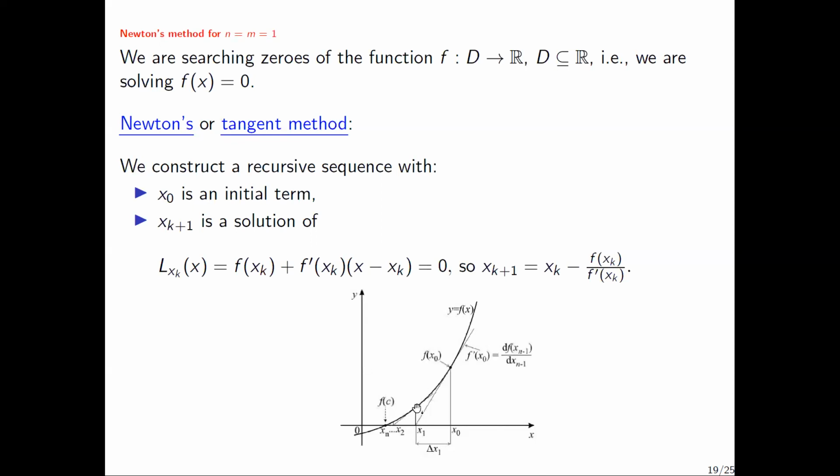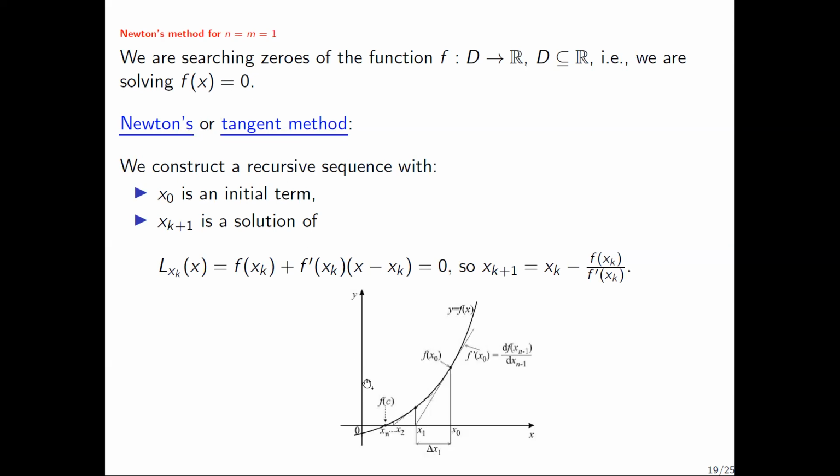We go up to the graph, calculate a new tangent, calculate the intersection with the x-axis, and proceed in this way. And if we choose x0 good enough, then this will converge to the solution of this initial equation, f of x is equal to 0.